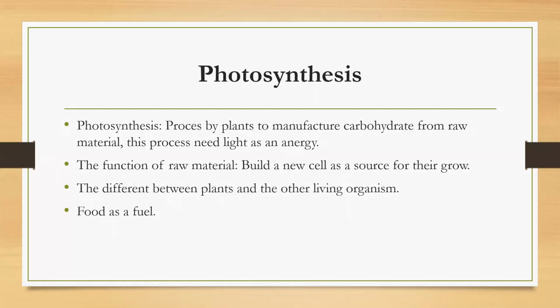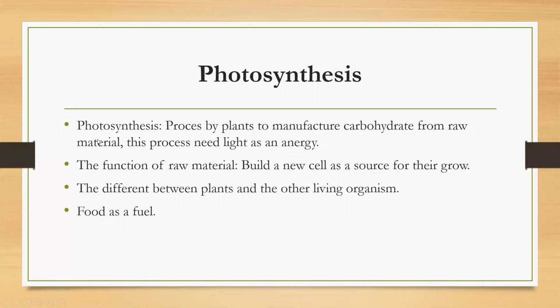For example, humans and animals grow from baby until adult, and so on. Plants also grow like the other living things, but the plants' method is different from ours, although actually it's almost the same.